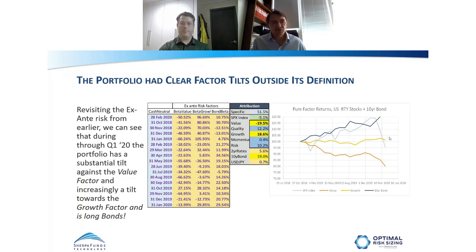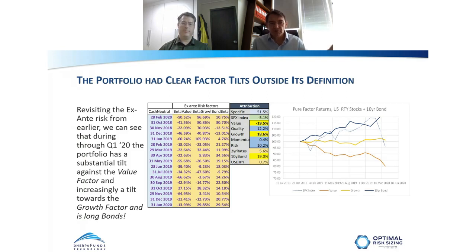And if we look at how those factors behaved over the time period, well, that's the price of the 10-year bond. That's growth, which sort of pootled around, but over the last 4 or 5 months has done pretty well. And value has, of course, massively underperformed. So that's the return of those pure factors.